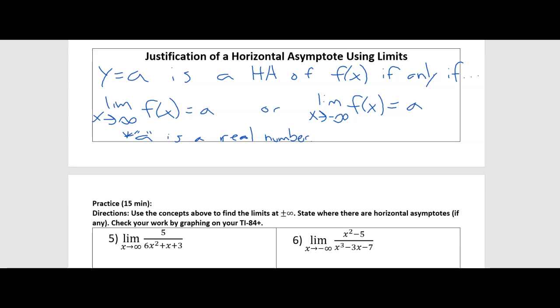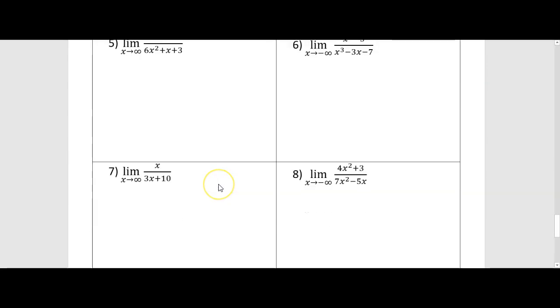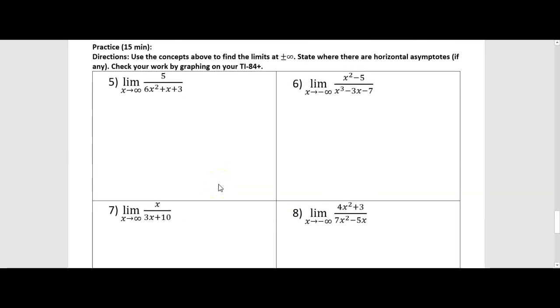So we are going to use this justification in the problems below. Let's go there now and then talk about what the expectations are. It says, use the concepts above to find the limits at plus or minus infinity. State where there are horizontal asymptotes, if any, and check your work by graphing on the TI-84. So two things you need to do, well, three if you're going to check your work on your calculator.